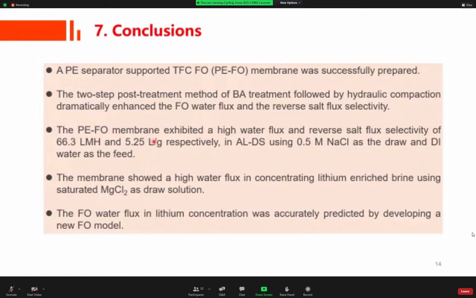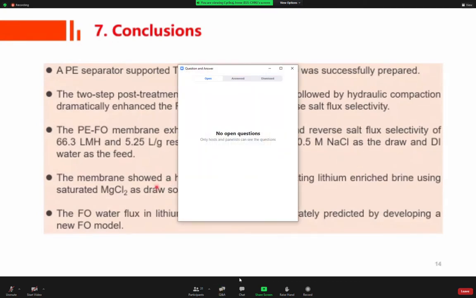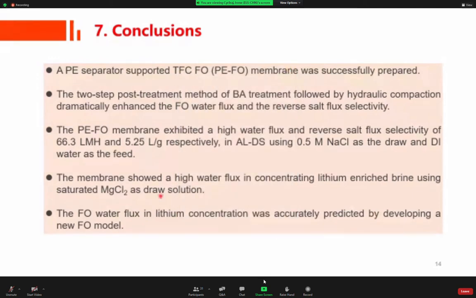The PEFO membrane exhibited a high water flux of 66.3 LMH and a high reverse solute selectivity of 5.25 liters per gram in ARDS using 0.5 mol per liter sodium chloride as the draw solution and DI water as the feed solution. The membrane showed a high water flux in concentrated lithium-enriched brine using saturated magnesium chloride as the draw solution. We developed a new FO model to accurately predict the FO water flux in lithium concentration.